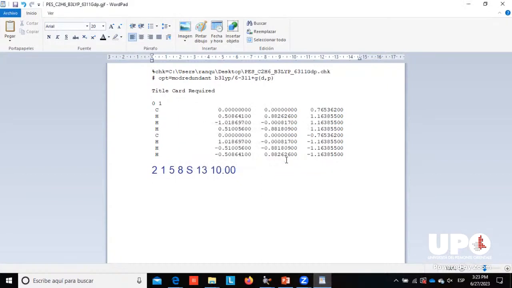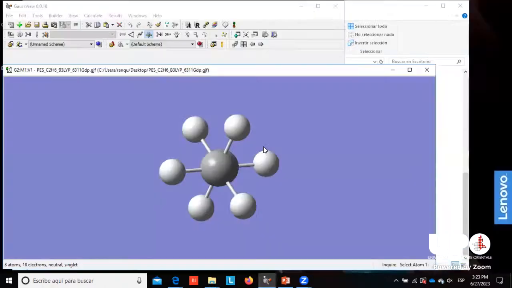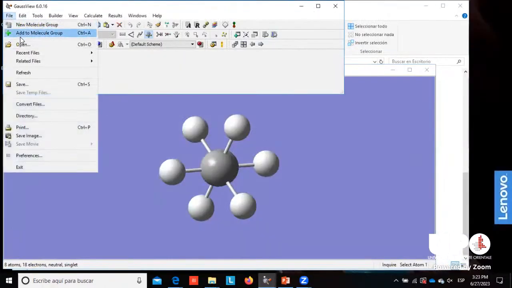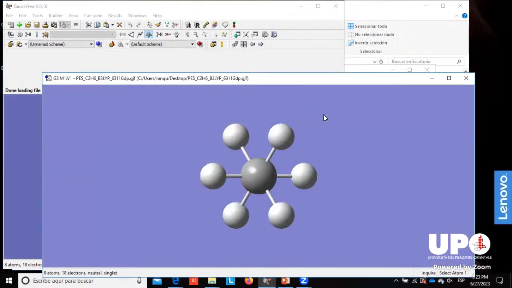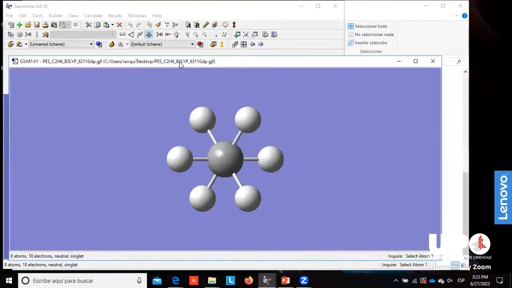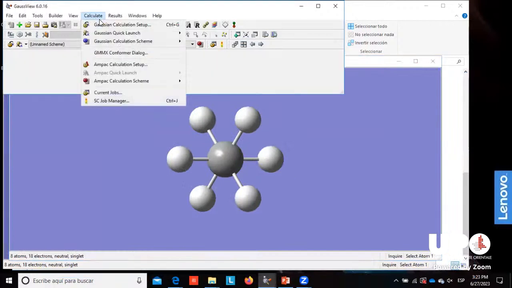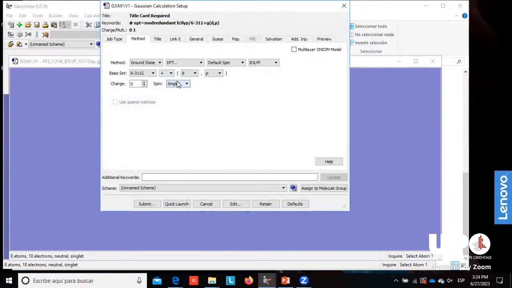I think it should be okay. So now I open with GaussView. It can be done also directly from GaussView, but it's just that I'm more used to work with the input file itself. So, okay, we go anyway to Calculate, Gaussian.